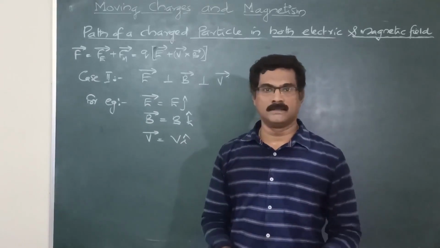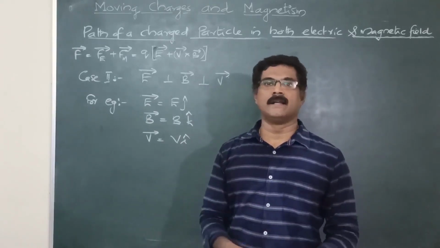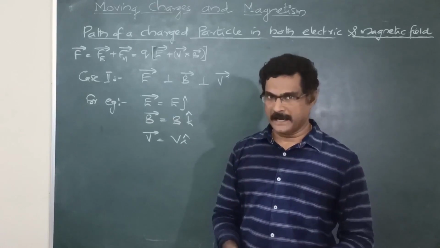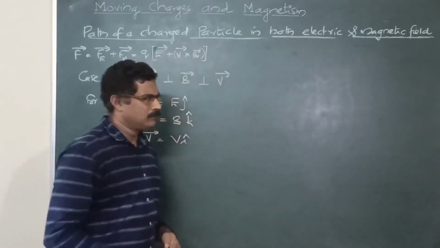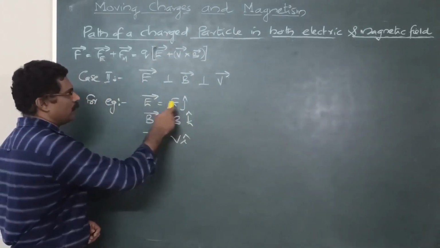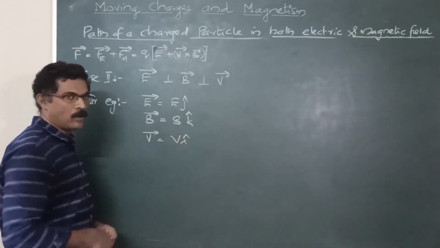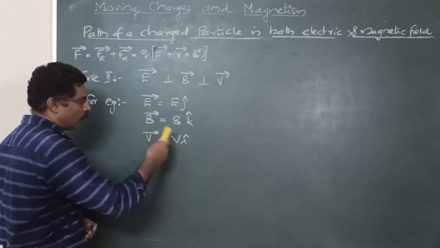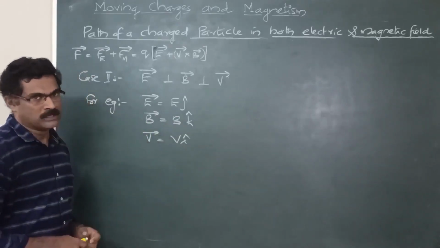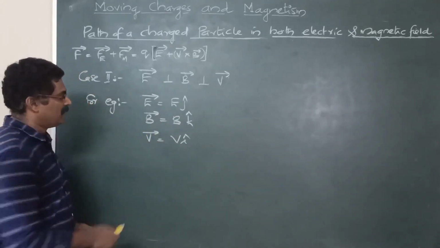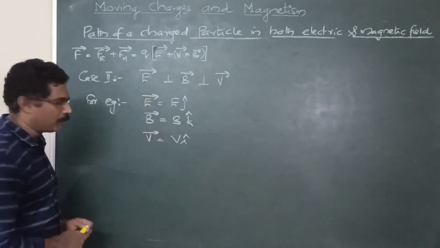Okay, what is the path? What are the forces acting? Like that, questions you can expect. For example, consider the electric field acting along positive y direction, magnetic field along positive z direction and velocity along positive x direction. Then what is the net force acting on the particle?